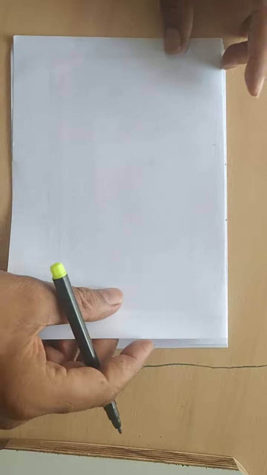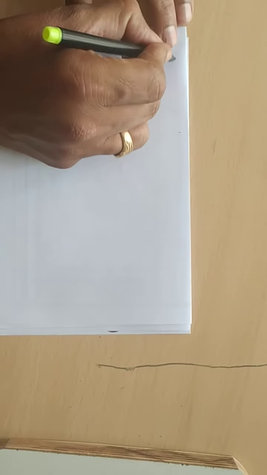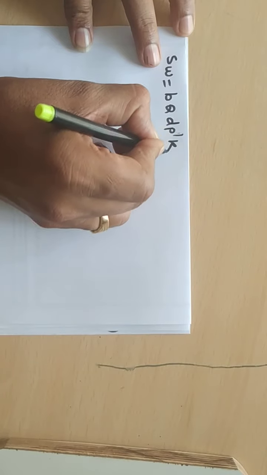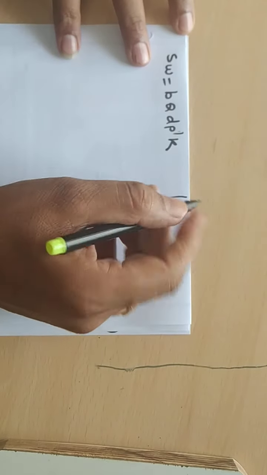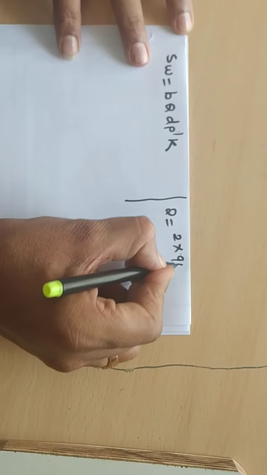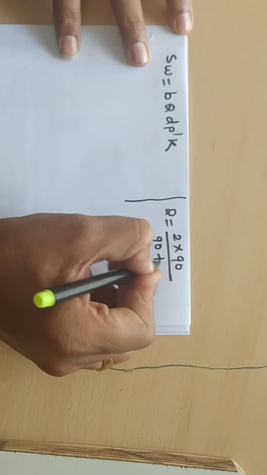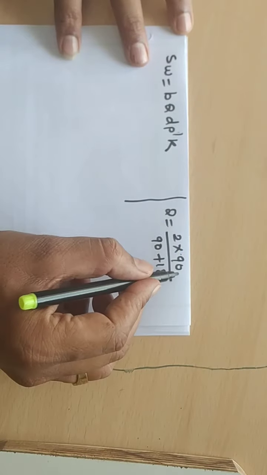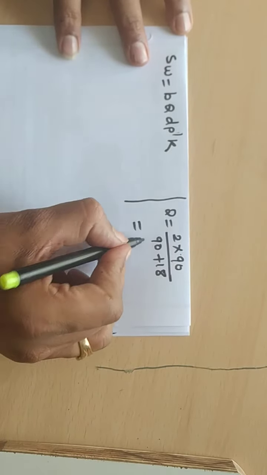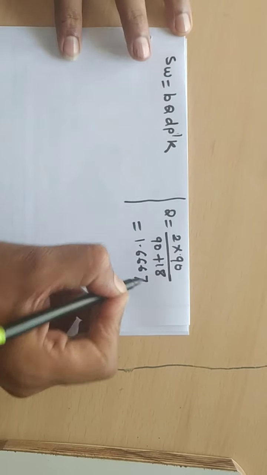Now to find out BHN, SW is equal to B Q dP dash K. This is for the spur gear. Now for this, Q is ratio factor 2 into ZG upon ZG plus ZP. ZG is 90, ZP is 18. Already discussed. Find out Q, that is the ratio factor, 1.6667.